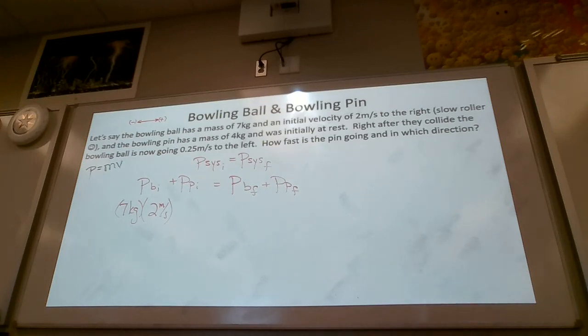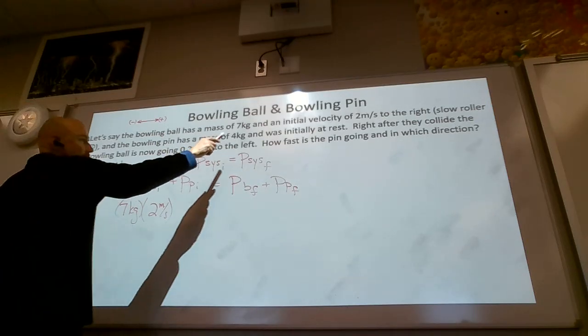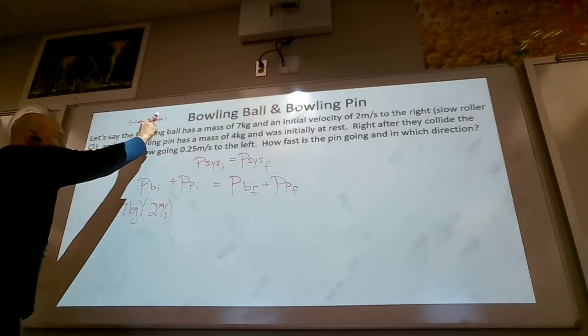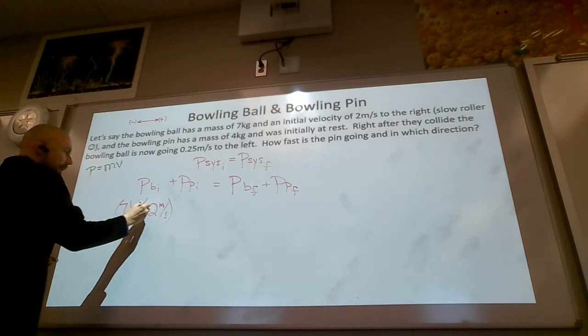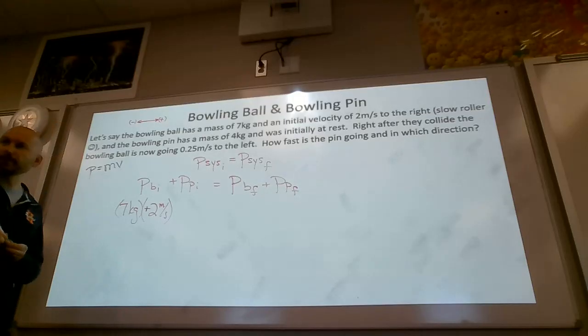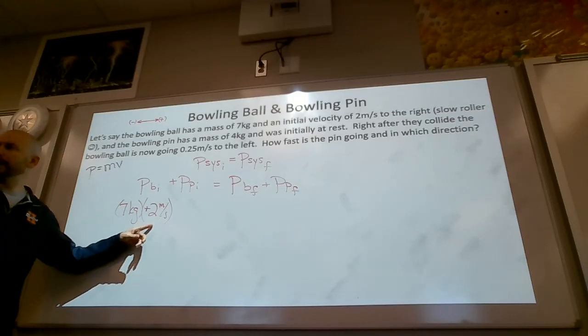Yes. Does momentum have direction? Yes. If I give you a value for anything that's a vector, momentum or velocity, you must assign a positive or negative sign to that. It is moving to the right. I've determined that right is positive. So that's a positive 2 meters per second. Now, I recognize that you don't have to put that in there before you get to the right answer. I'm just trying to teach it well.